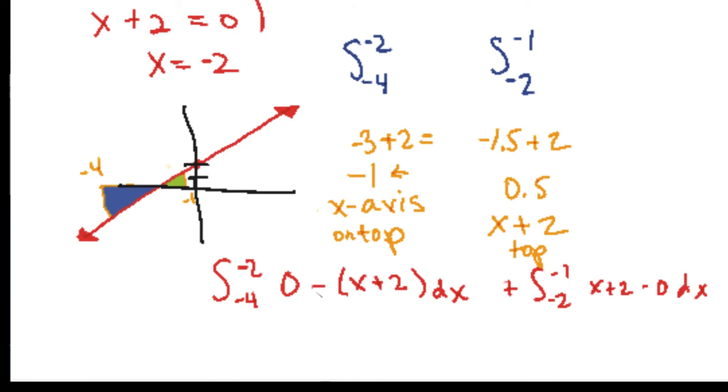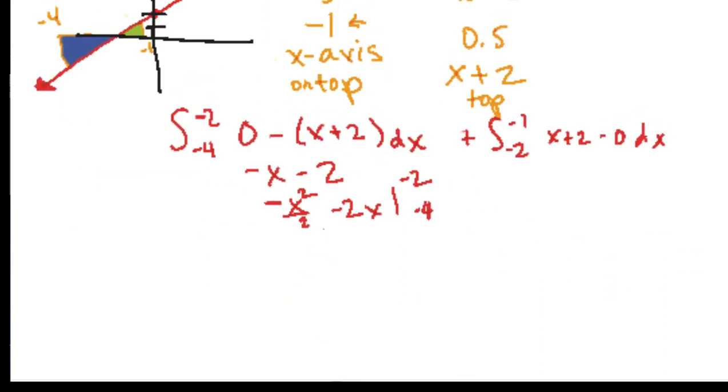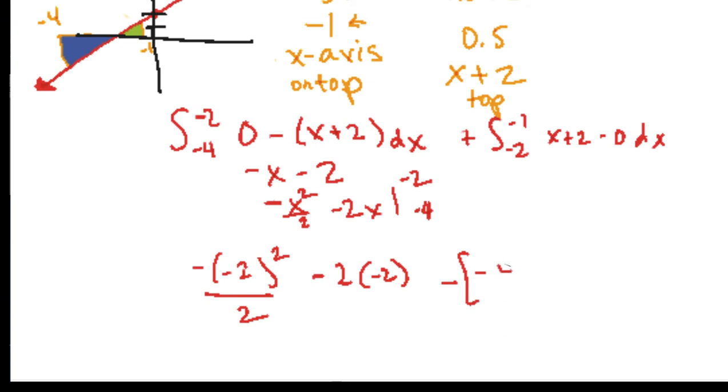All right, so to integrate, you would distribute, add 1 to the exponent, divide by the same thing, and evaluate it between -2 and -4. And then at that point you plug in, and you're going to get -2 squared over 2, -2 times -2, and then minus a -4.